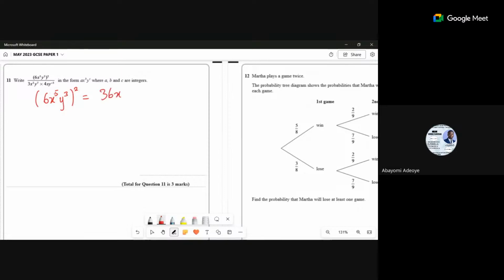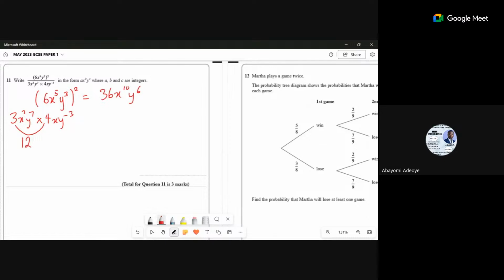x raised to the power what? 5 times 2. You multiply the powers. 10. Then y raised to the power what? 6. Okay. Then look at the denominator, 3x squared y to the power 7 times 4xy to the power -3. So you multiply the numbers. 4 times 3 is 12.